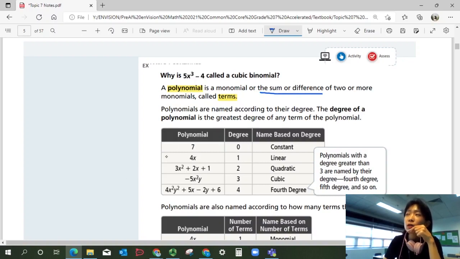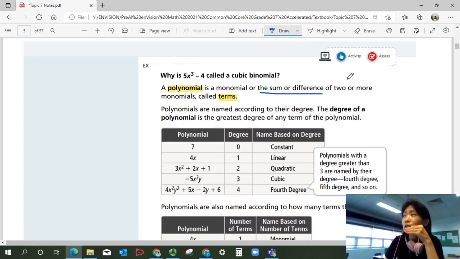So polynomials will have sum or difference between two or more terms or monomials. Okay, so monomials added together or monomials subtracted together, the whole thing is called a polynomial. And even one monomial also is categorized under the polynomial. Okay, polynomial just defines everything. A monomial is just a type of a polynomial. Okay, and a constant is also a type of polynomial.